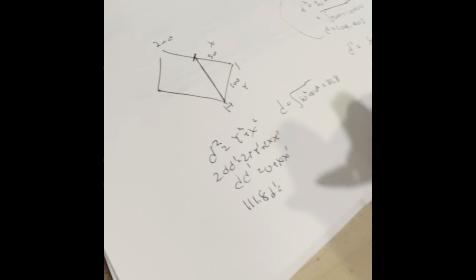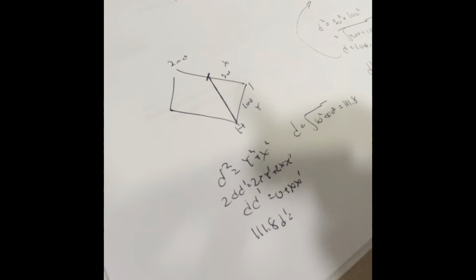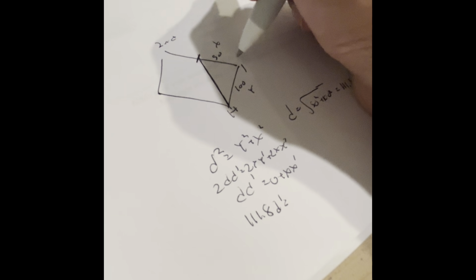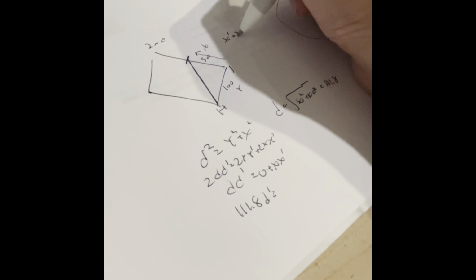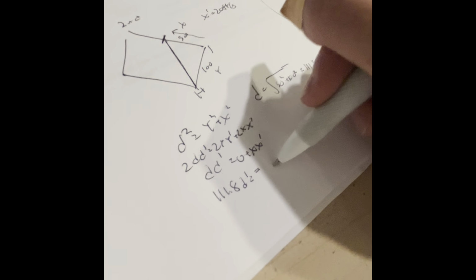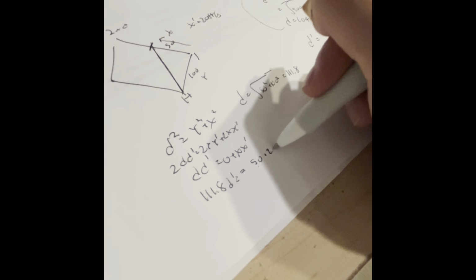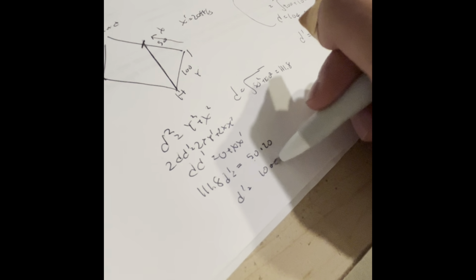Let's just use the same number. Let's say he's running at the same speed because he's just really good at running. His rate, x prime, going this way, is 20 feet per second, right? So he's at 50 feet this time. So that's equal to 50 times 20. So D prime equals 1,000 divided by 111.8.